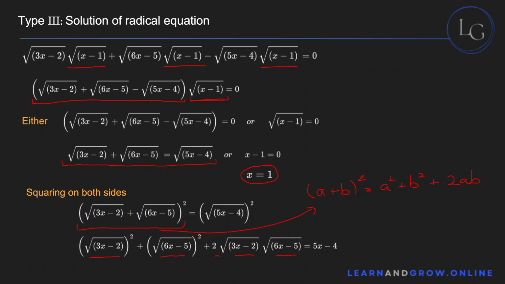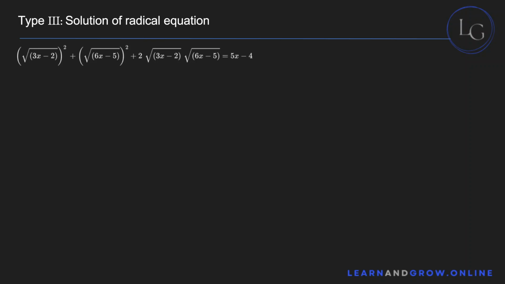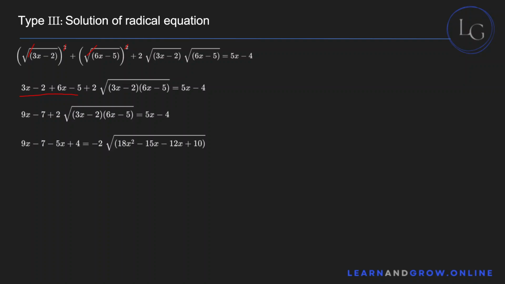Now, upon eliminating the radical signs here, you get this. And you'll take this entire set of numbers on the right hand side because only the radical term must be on the left hand side as per the rule. Or as we've done here, we've taken the radical term on the right hand side. Basically, the radical term must be on a different side from everything else.